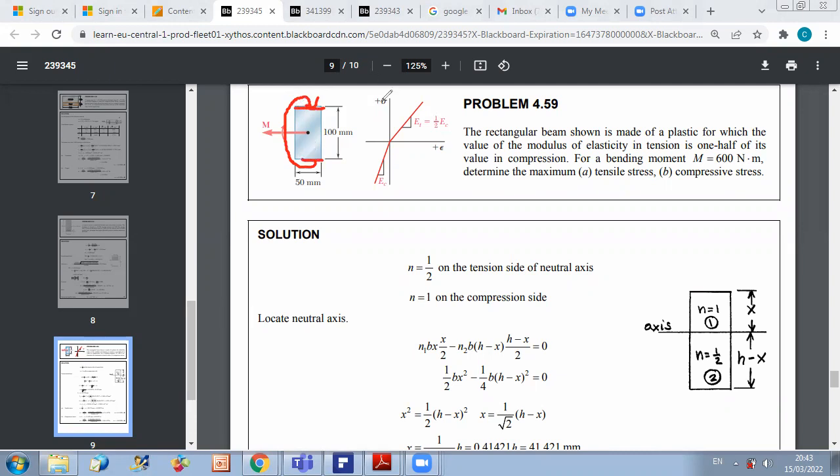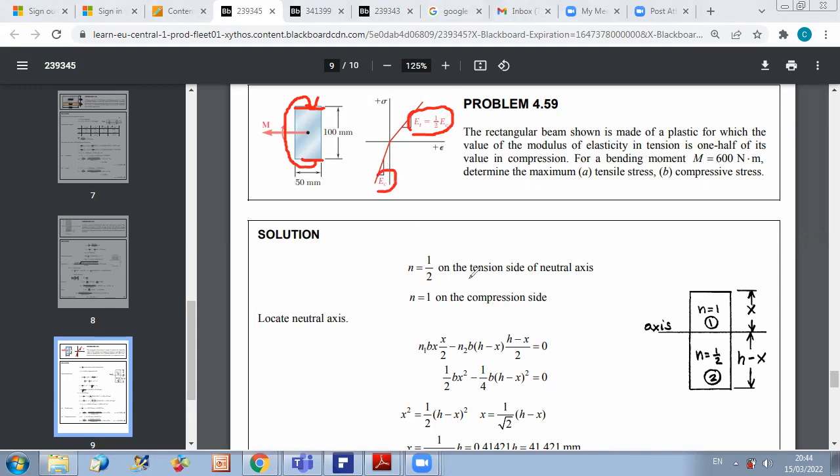Now, I don't know where is my neutral axis, but additional information concerning the properties of my beam is that the modulus of elasticity is not uniform, because the modulus of elasticity in the tension part is 1/2 times the modulus of elasticity in the compression part. And therefore, this is equivalent to a beam with different materials, okay?